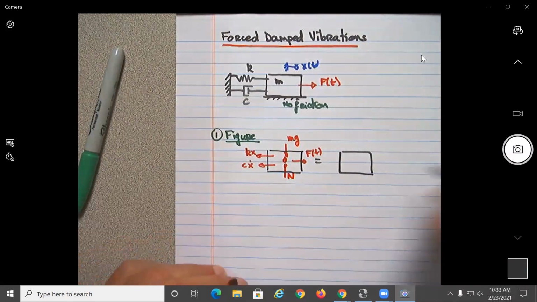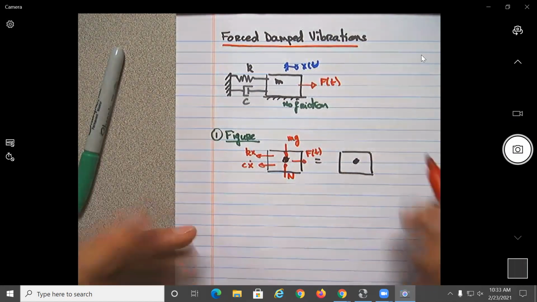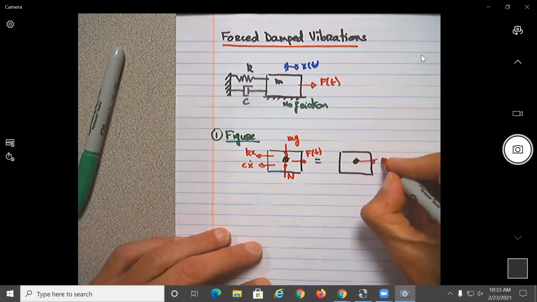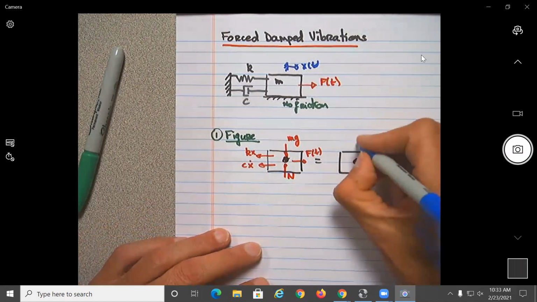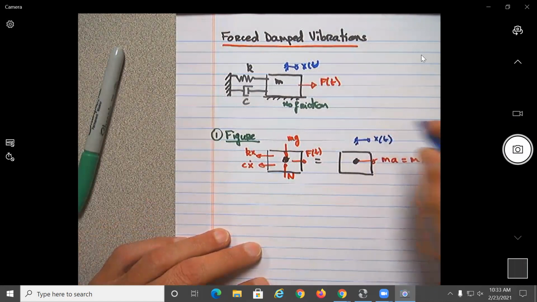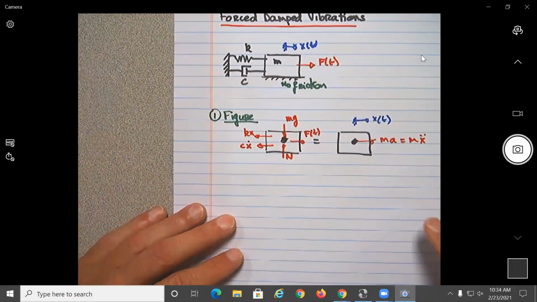What is the inertia effect? This will be just moving in the x direction, so ma will be mx double dot. Let's say this will be our x. If you have any question about the procedure, stop me, okay?